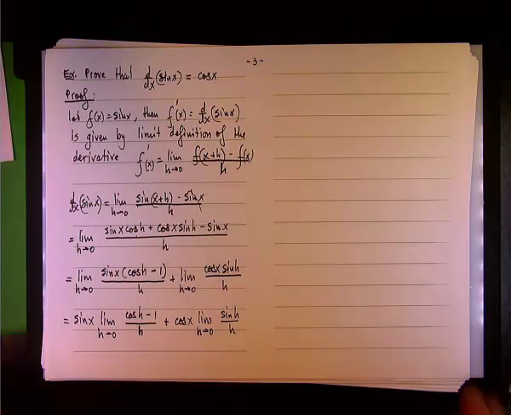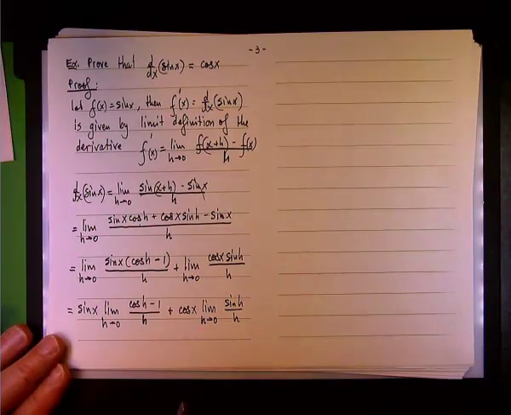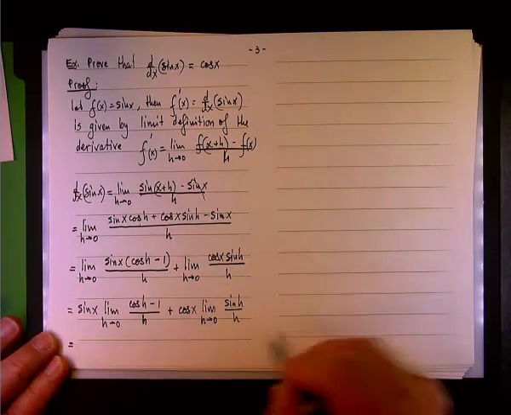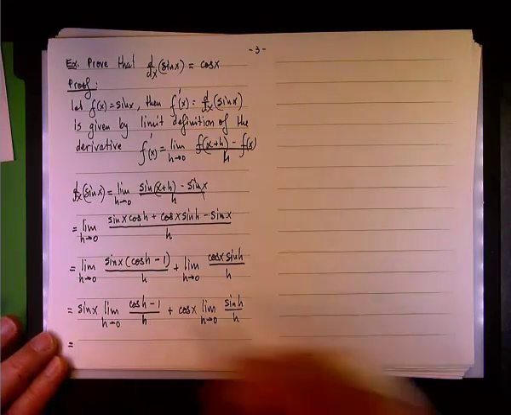And the other, I'll do the same thing: cosine x times the limit as h goes to 0 of sine h over h, like so.